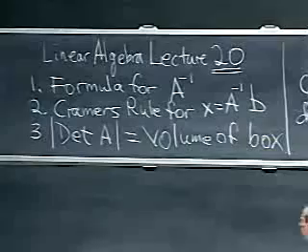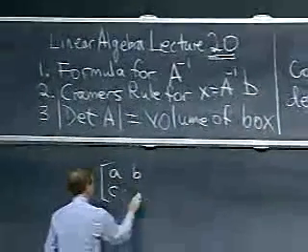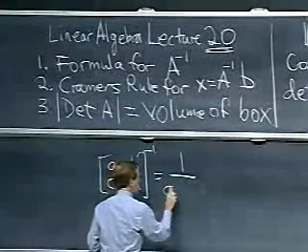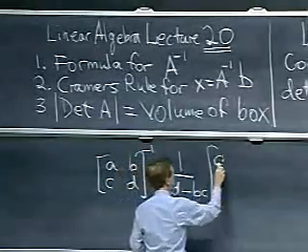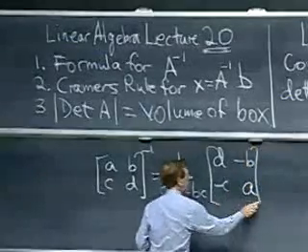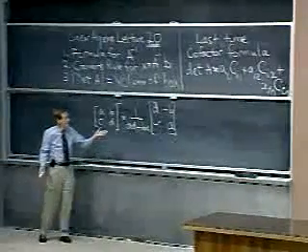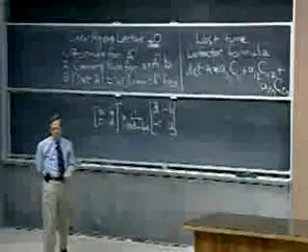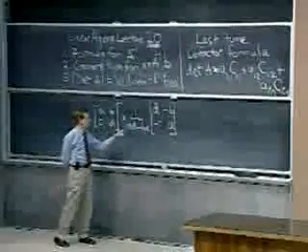The inverse of A, B, C, D is 1 over the determinant times D, minus B, minus C, A. Somehow, I want to see what's going on for 3 by 3 and n by n. And actually, maybe you can see what's going on from this 2 by 2 case.